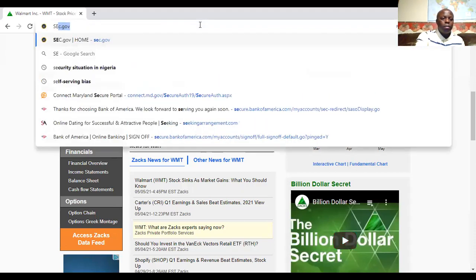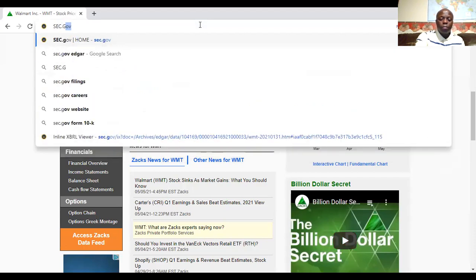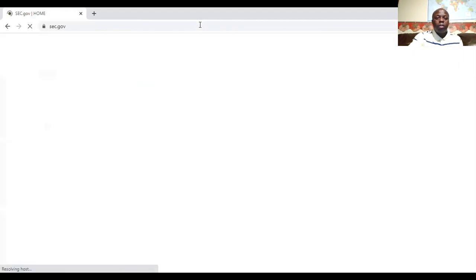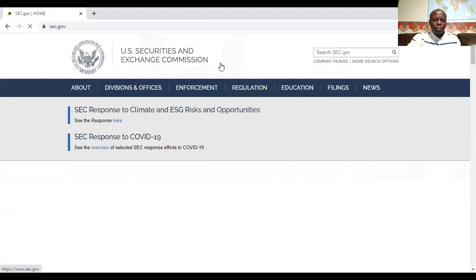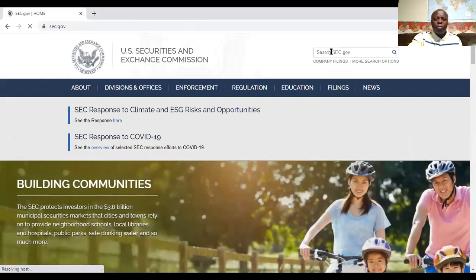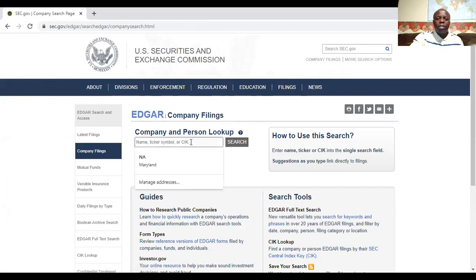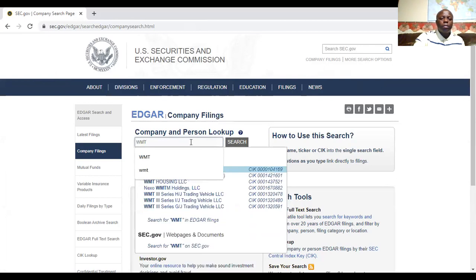So sec.gov. When you click on it, you can search for company filings. Click on it, and then type the company trading symbol, WMT for Walmart, and it will bring up Walmart.